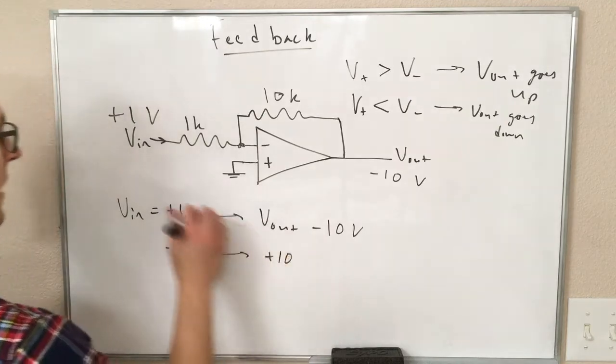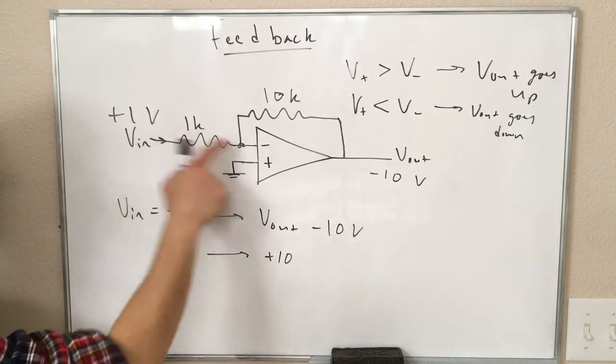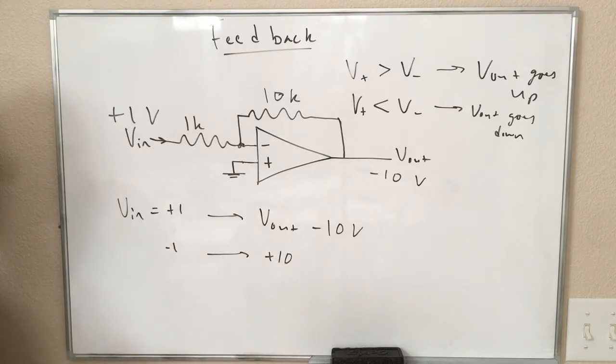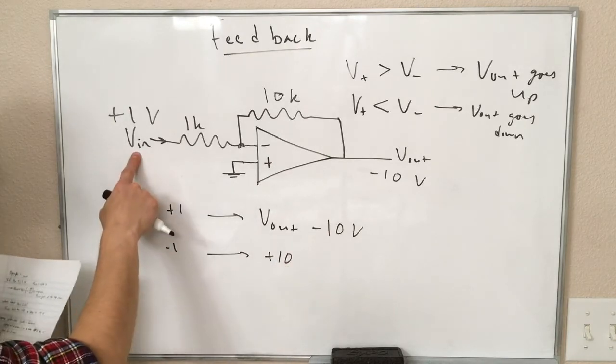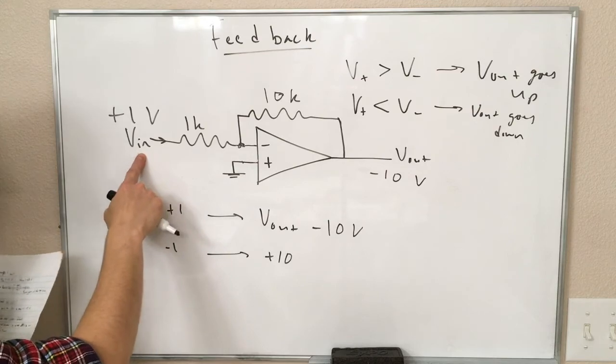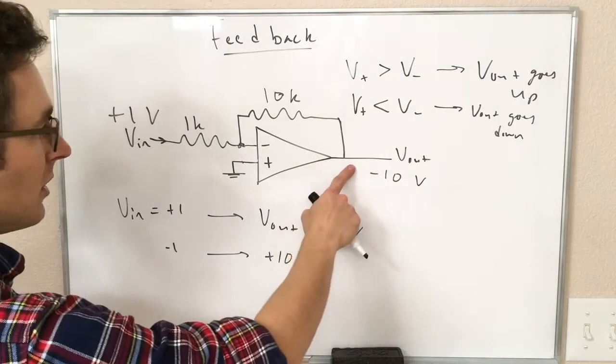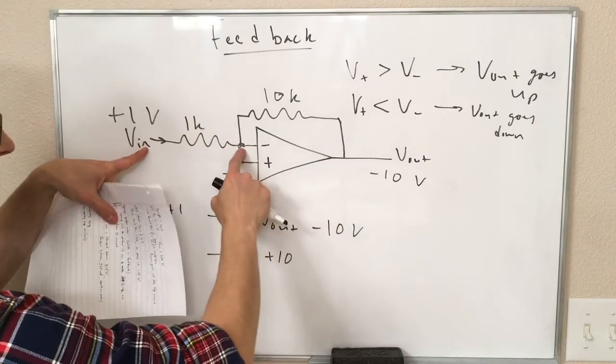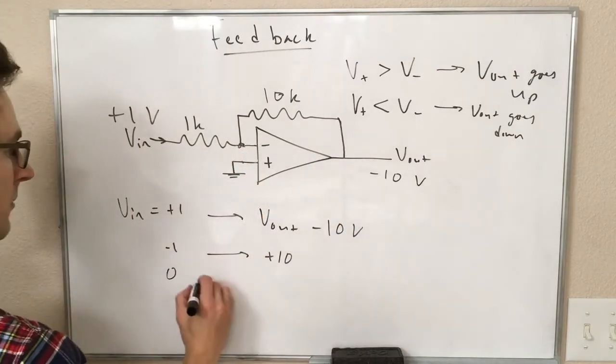Basically, that's just changing the minus signs of everything else. If this input voltage is 0, then the output is also happy at 0 because we have our voltage divider, and that's going to make this point 0 in between.